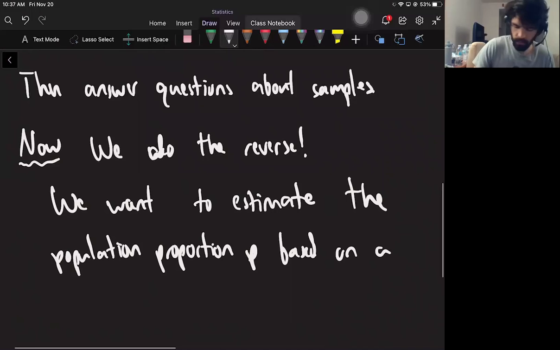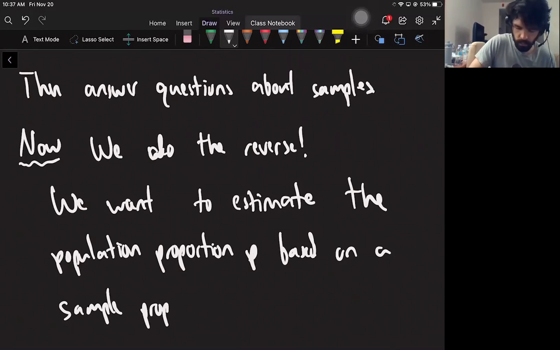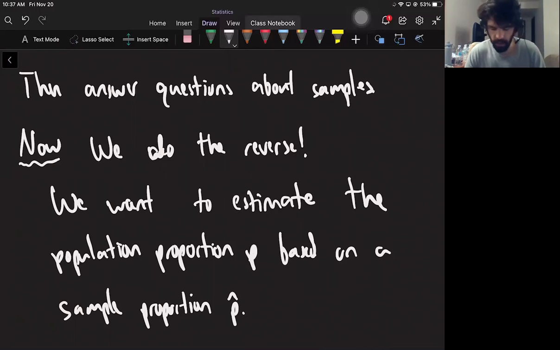Okay, so we want to estimate the population proportion P based on a sample proportion. So it's a specific sample proportion, so we call it little p hat. Okay, so this is the idea.